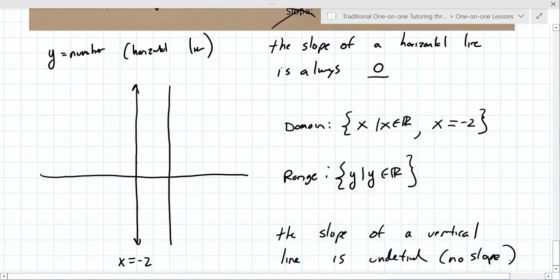They're equivalent. It is not the same as 0 though. Undefined is probably preferred. I'd use the word undefined.